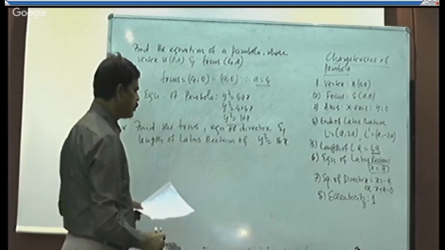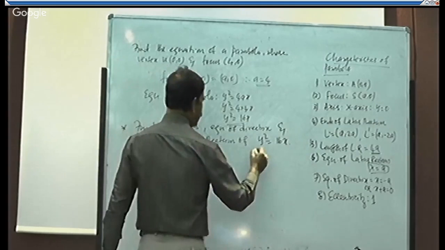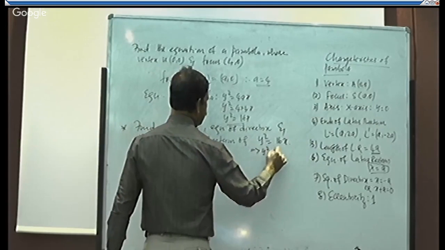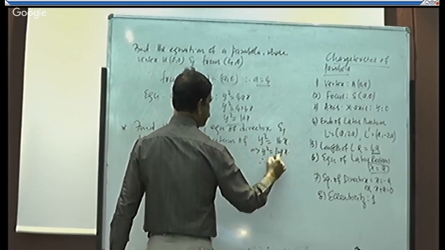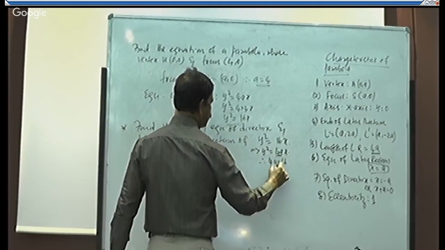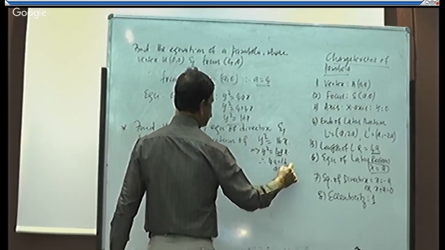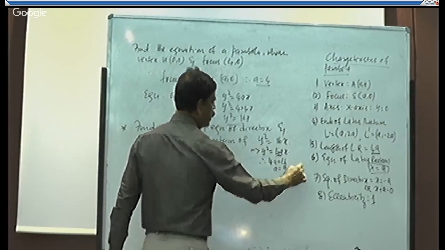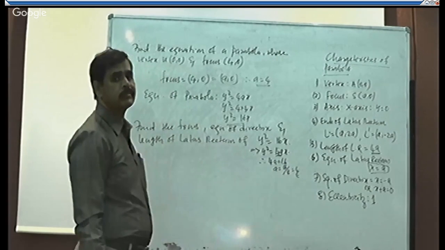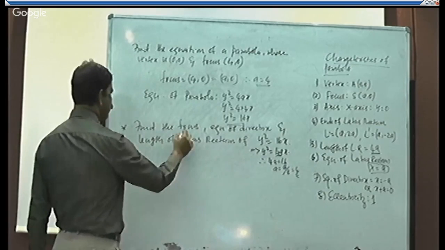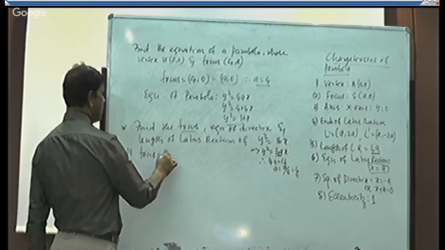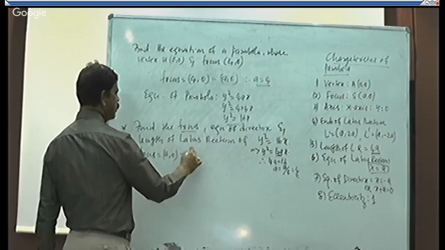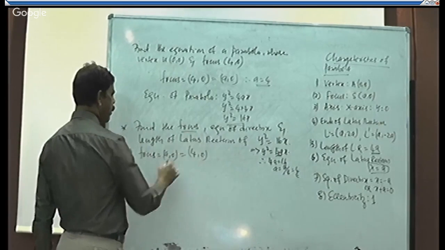Compare this with the standard one, 4ax. Therefore, what is 4a? It is 16. a is equal to 16 by 4, which is 4. Right? We got a. So with that, get the focus. Focus is a comma 0, that is equal to 4 comma 0.